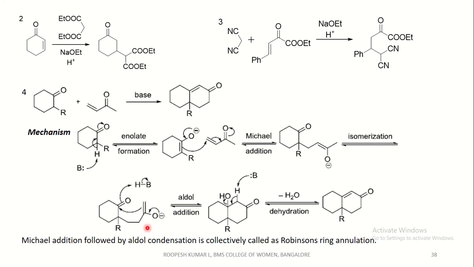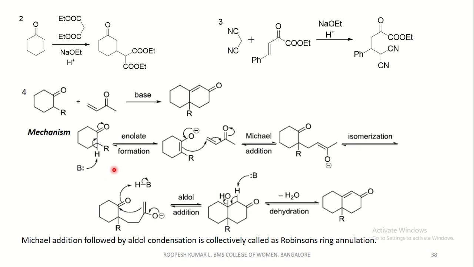This on aldol condensation gives a cyclized product. On reacting with base, there is subsequent elimination of water. This step is a dehydration step to get the corresponding ring compound, the cyclized product. This is an application of the Michael addition.